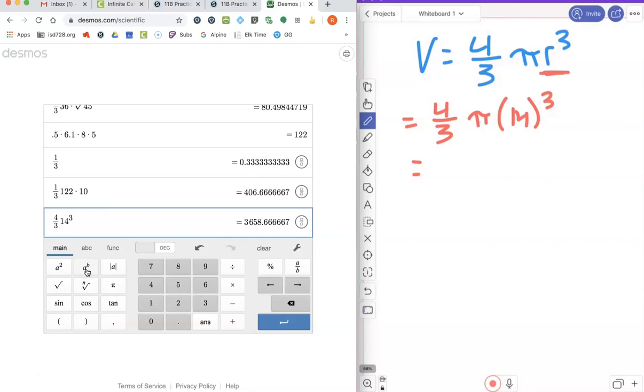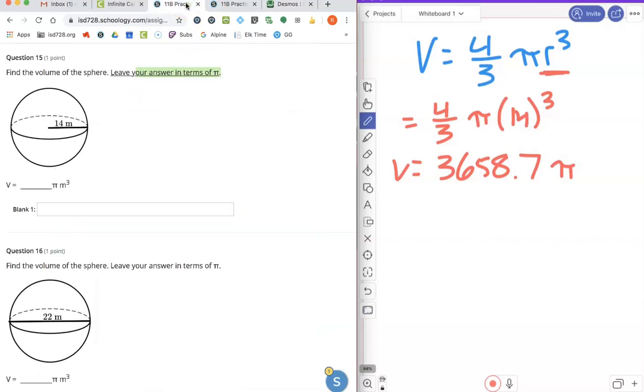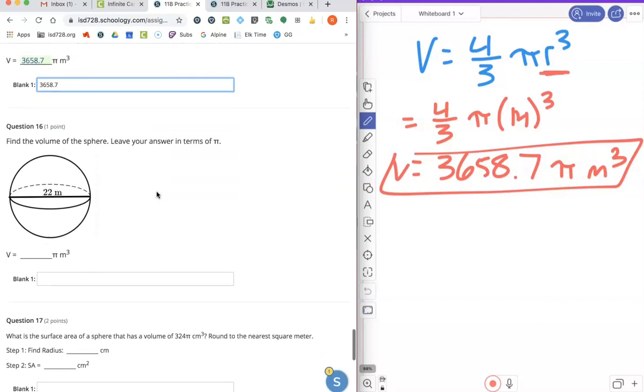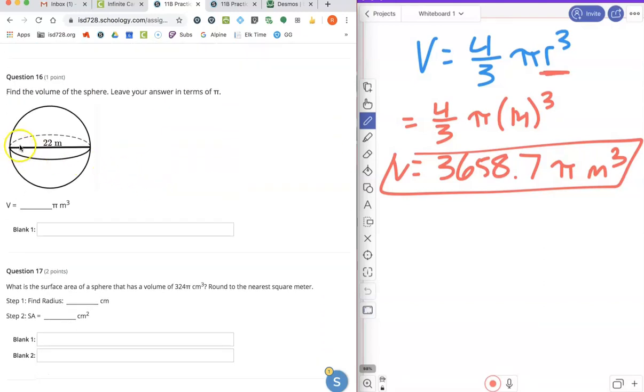That is equal to 3,658.7 if we're rounding to the nearest tenth, and then we still have a pi in there. So that would be our answer for this one, and our unit was cubic meters. Okay, so let's type that one in: 3658.7 times pi.